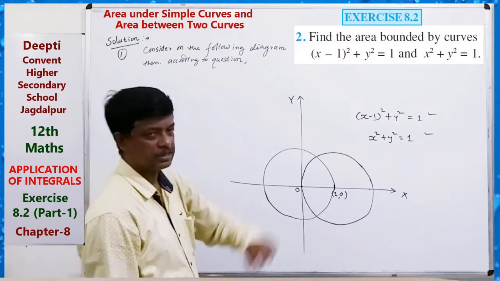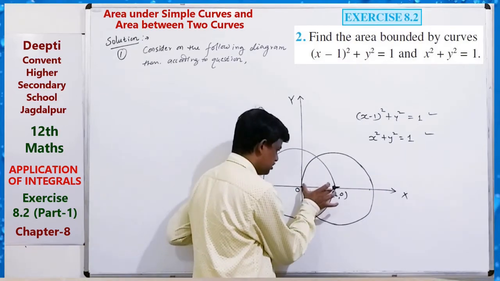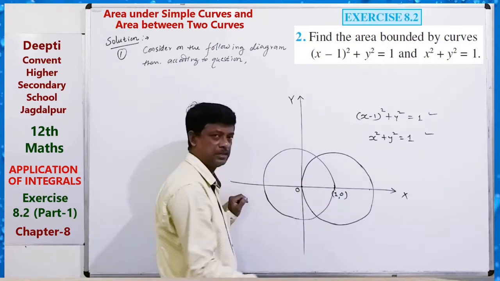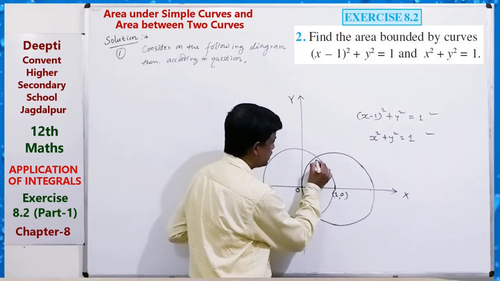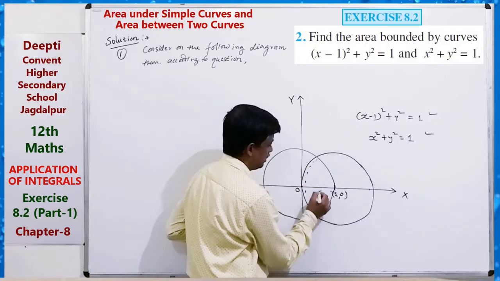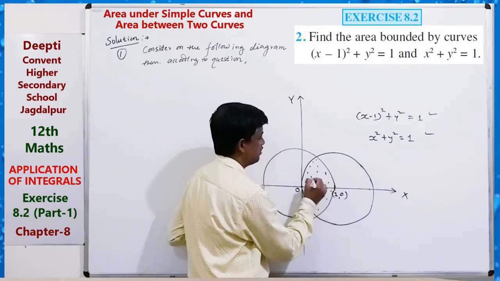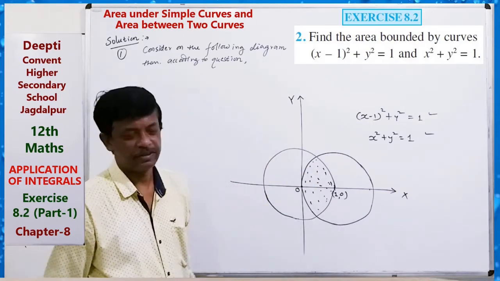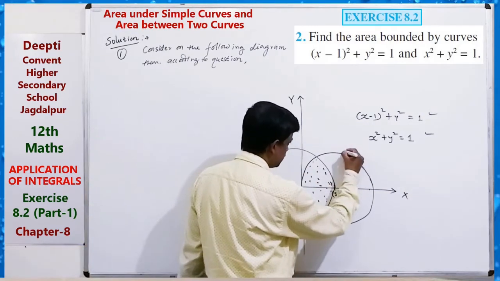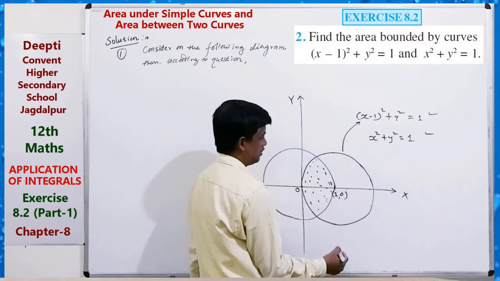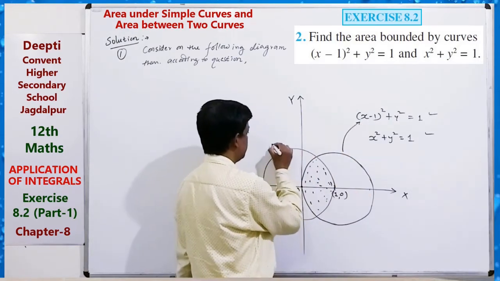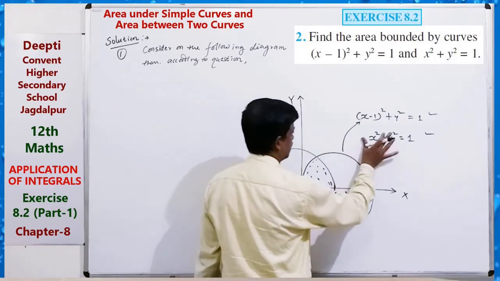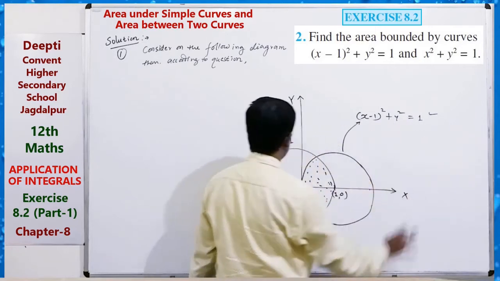This is another circle with center 0, 0, the origin, and radius 1. Okay, so this is the area, just like the same area as the previous question, which was horizontal, and it is vertical here. This circle is this, and this circle is x square plus y square equals 1. Okay, these are the two circles.